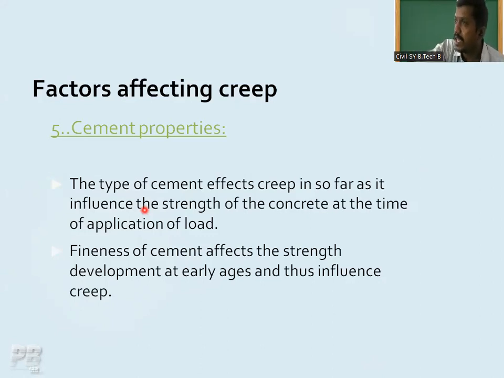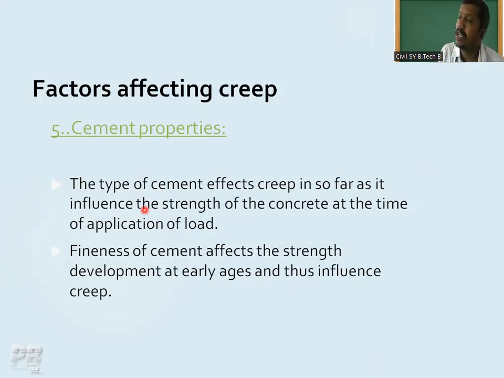That is your coarse, fine, and water. Again, I am repeating my sentence. If you are using finer cement, that means you are having greater surface area for that cement particles. And if the surface area is more, that means it will provide very good bonding between the cement and other particles.